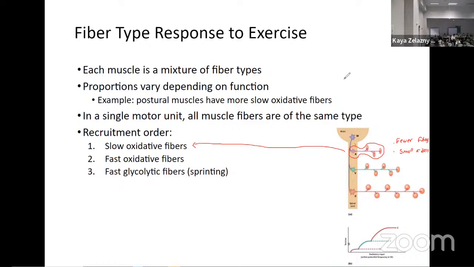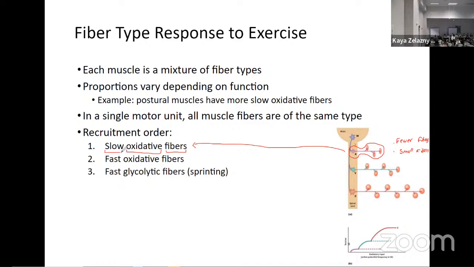So a small fiber is small so that it can have oxygen diffuse across it and get that energy from oxidative phosphorylation, which is an aerobic process requiring oxygen. So first we trigger those oxidative fibers, and specifically the slow ones.